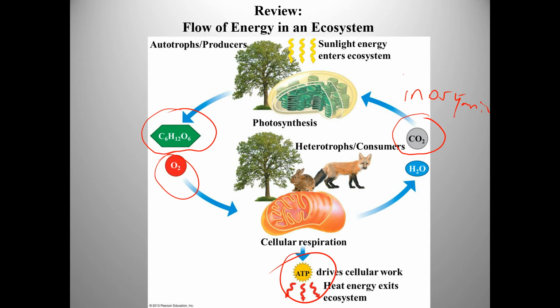Now you have a consumer come along that feeds on a plant or feeds on another heterotroph that's been eating the plant. The energy in the food gets broken down, and the mitochondria converts the energy stored in the chemical bonds of the molecules that make up the proteins, fat, and carbohydrates of the animal, and uses it to make ATP.